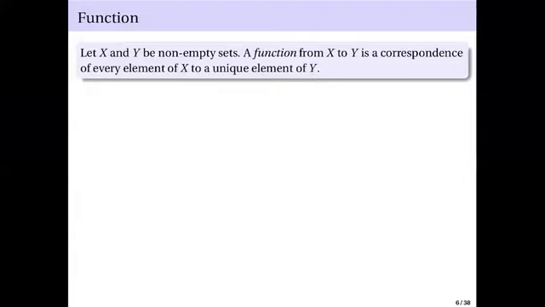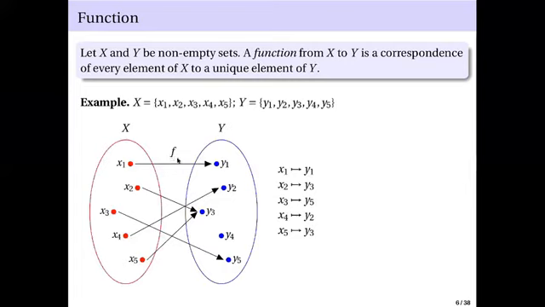So for example, let us recall the relation f with this mapping. Notice your x1 is being mapped to y1, and your x1 is only mapped to y1. Your x2 is only mapped to y3. Your x3 is only mapped to y5. Your x4 is only mapped to y2. And your x5 is only mapped to y3.